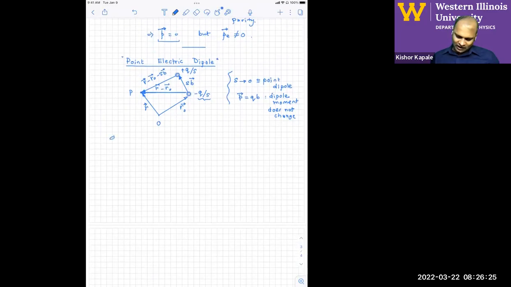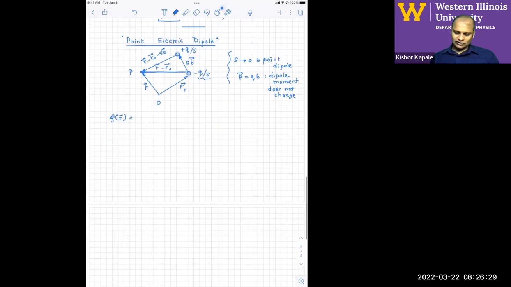Okay, so let's now see how we would calculate this. In principle, you could just differentiate, but we need to be very careful. So we take the limit as S goes to zero. First, we need to find the potential of these two charges. So 4 pi epsilon 0, of course, the constant.